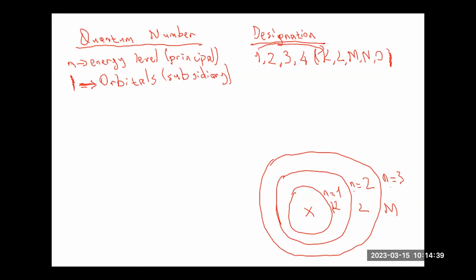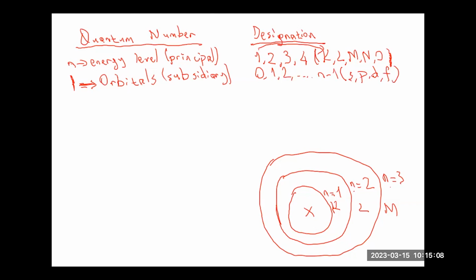And these subshells start with 0, 1, 2, goes till n-1. The zeroth subshell is S. The first one is P, second one is D, and third one is F.